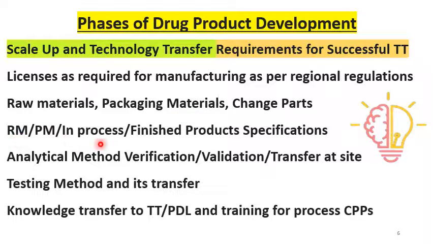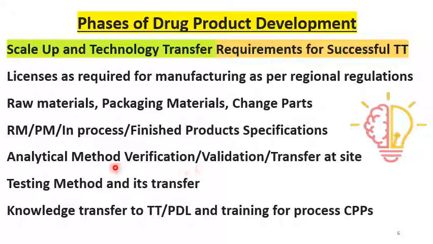Then the RMPM, in-process, and finished product specifications. These specifications are required to be developed by the ADL and FRD, and these are provided to the plant teams. Then analytical method verification is required, because the analytical method is developed in the ADL or analytical research lab, and it is transferred to the QC team so that they can analyze the product routinely.